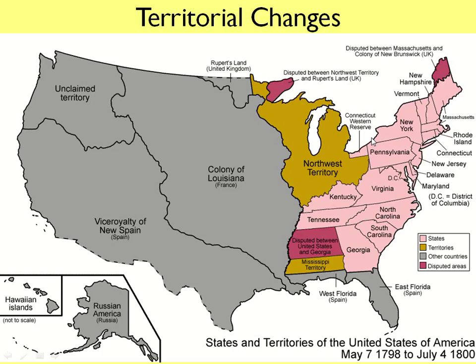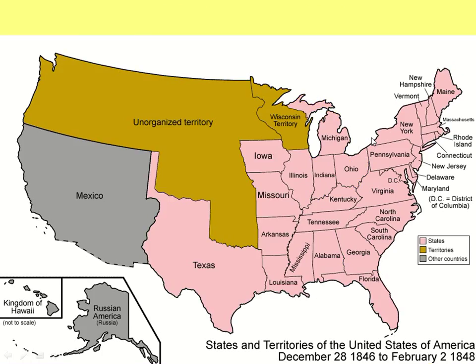Now we skip ahead to 1848, right on the transition into period 5, which is all about the Civil War. We can see they've rapidly expanded. This area here is no longer frontier area. Frontier's now been pushed out over into this area. Texas has been annexed from Mexico, which is now an independent country.